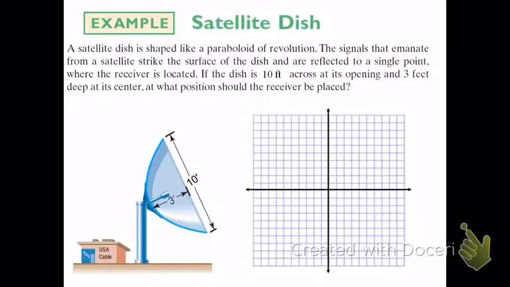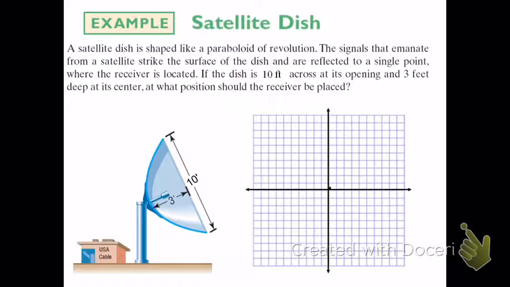We don't need to actually keep it in that orientation at some odd angle there. I'm going to make it right facing here on a graph with the particulars, the 3 and the 10 feet here. So let's put the vertex at the origin. That's easy to work with. And then we have 3 feet by 5 feet up and 5 feet down.